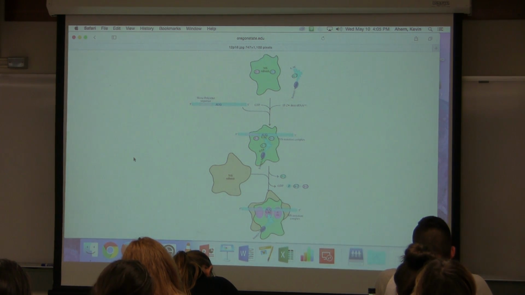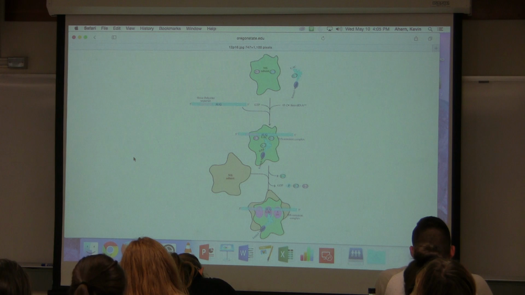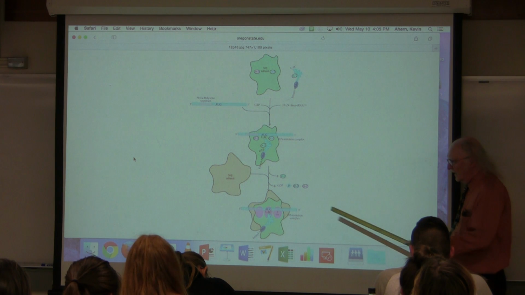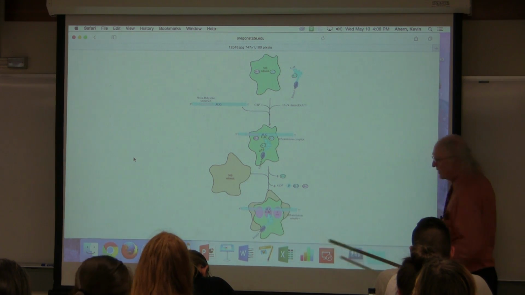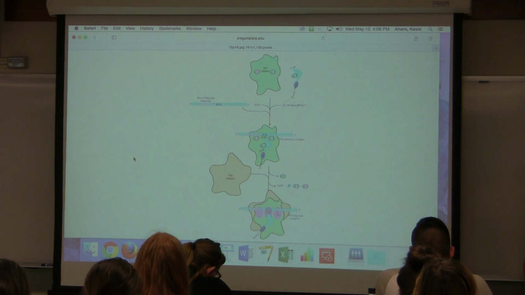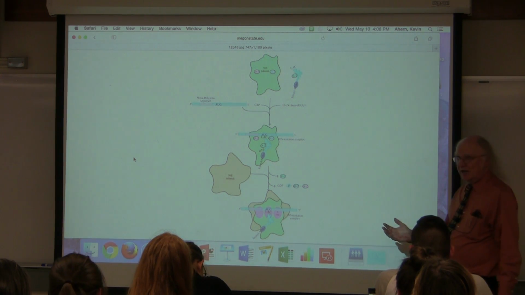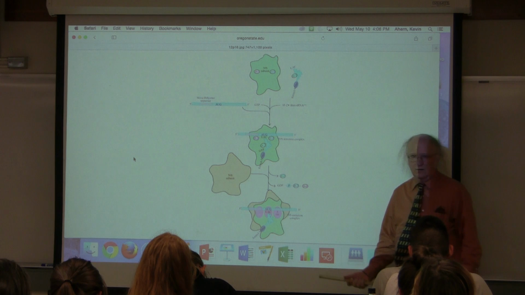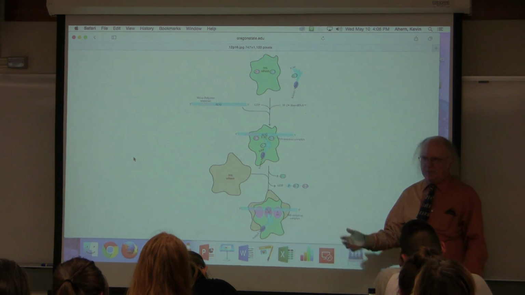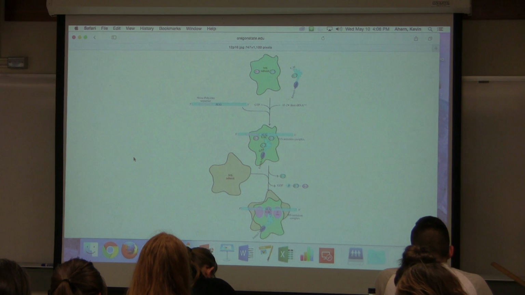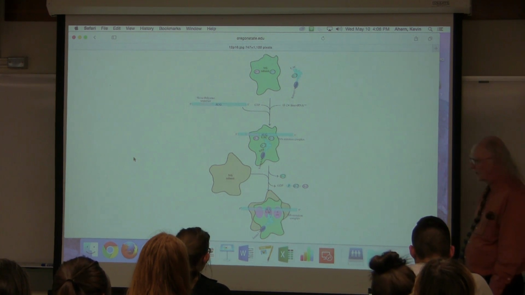So we've got the initiator transfer RNA with a formylmethionine in it. It's base paired in the P site to an AUG. The A site is open, and both subunits are present. Okay? Now, at this point, we say we're at the end of the initiation phase of translation. We haven't made any peptide bonds or anything, but we're at the end of the initiation phase because we're ready now to start putting those together.